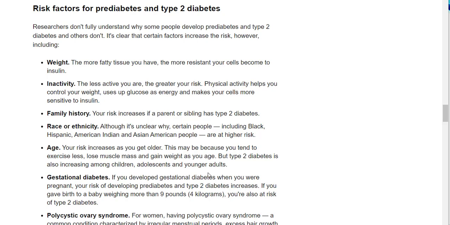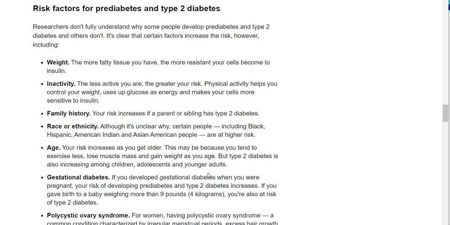So one is weight. The more fatty tissue a person has, the more resistant cells can become to insulin. Now, I do want to make sure that we understand that researchers don't fully understand why some people develop prediabetes and type 2 diabetes and others don't.